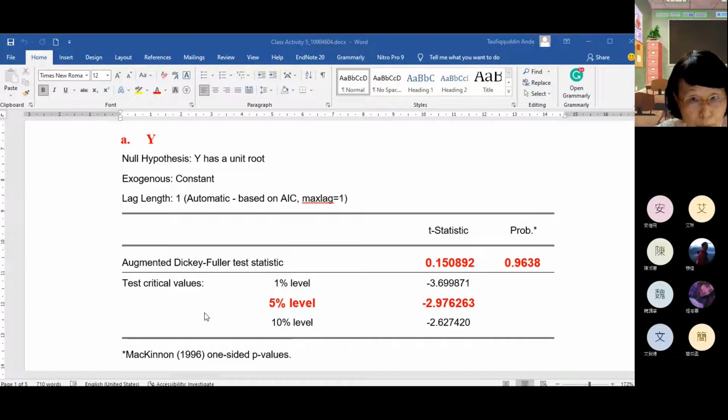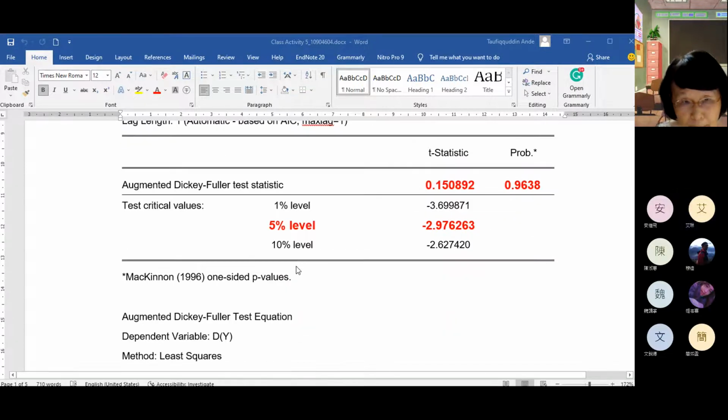If we're using 12.27, it means the exogenous variables are constant only, you are just using the constant. Okay, so which is 12.28.